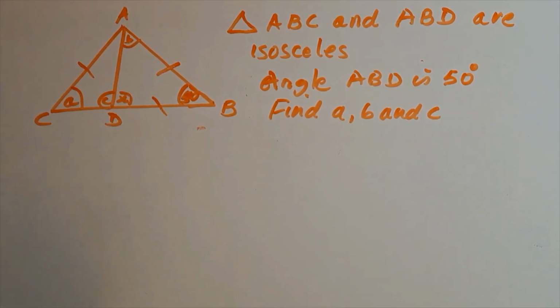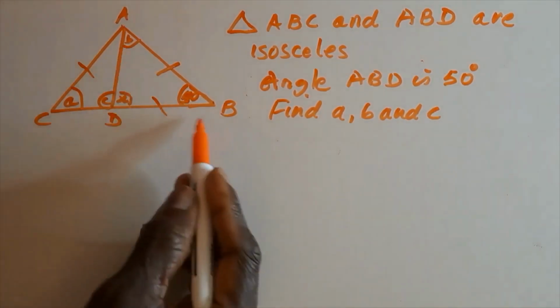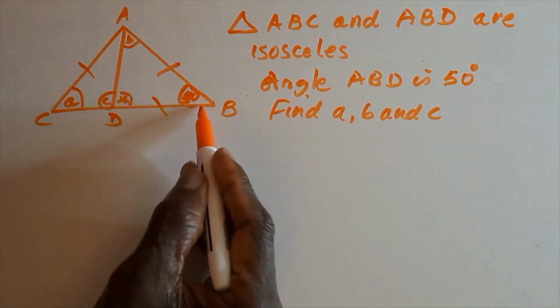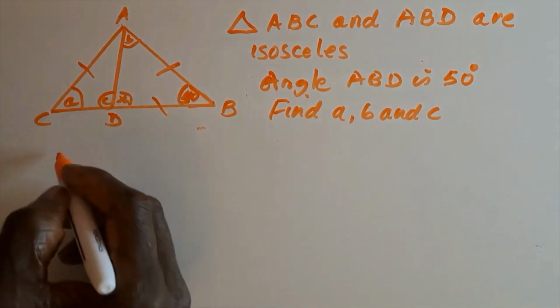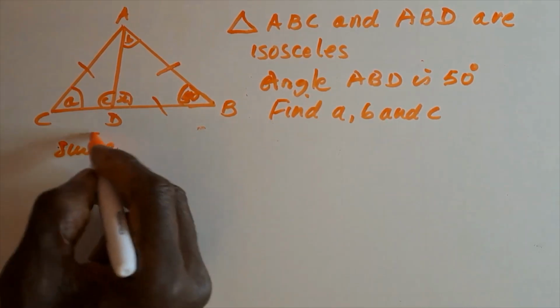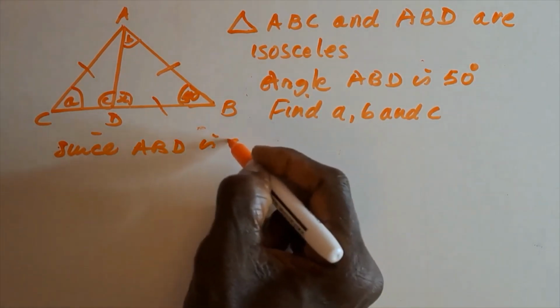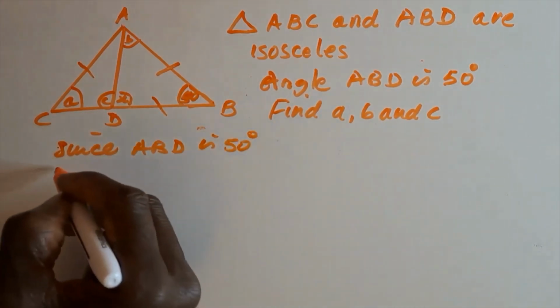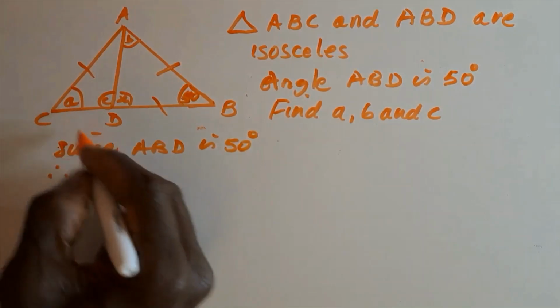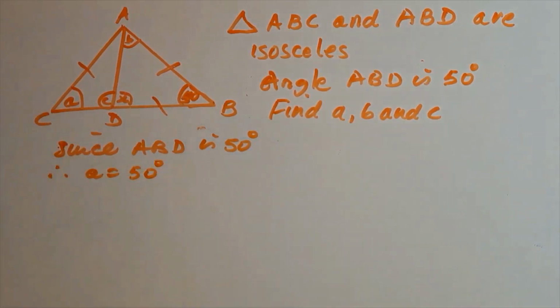So we'll go ahead and find for ABC, which will allow us to find A. So if ABC, which is this angle here, is 50 degrees, then that follows that since ABD is 50, therefore AC is also equal to 50 degrees.